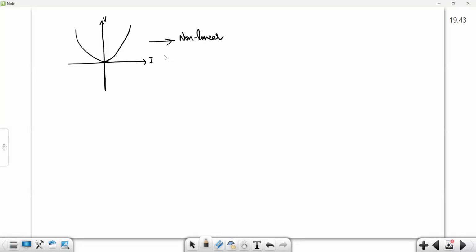Here it is similar in first and second, so it is unilateral. And the characteristics are lying in second quadrant, so it will be active. Fine. Is it clear?